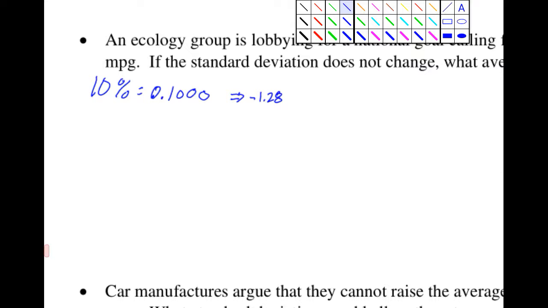So we get negative 1.28 equals 20, because that is our goal. We want only 10% to be under that, minus x bar, which is our unknown, and the standard deviation remains the same.